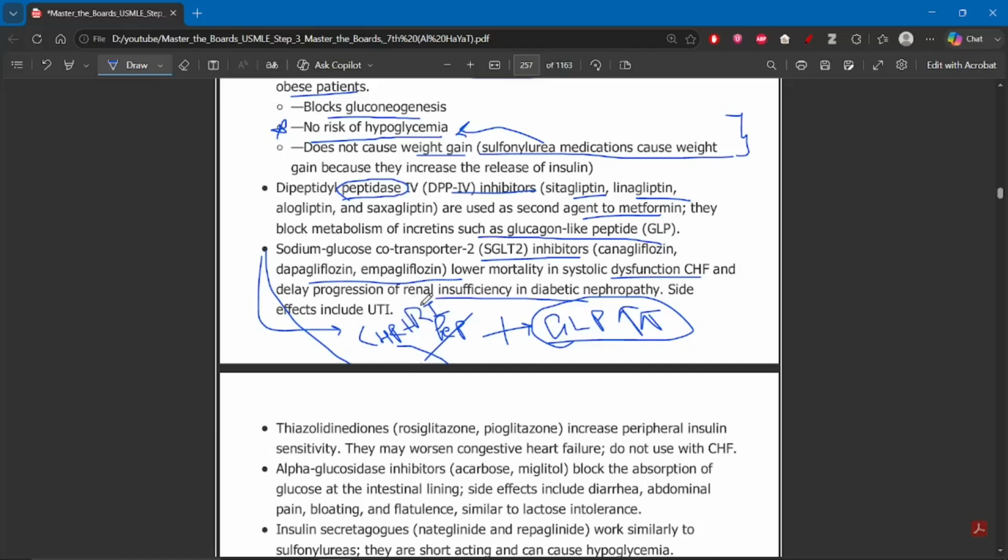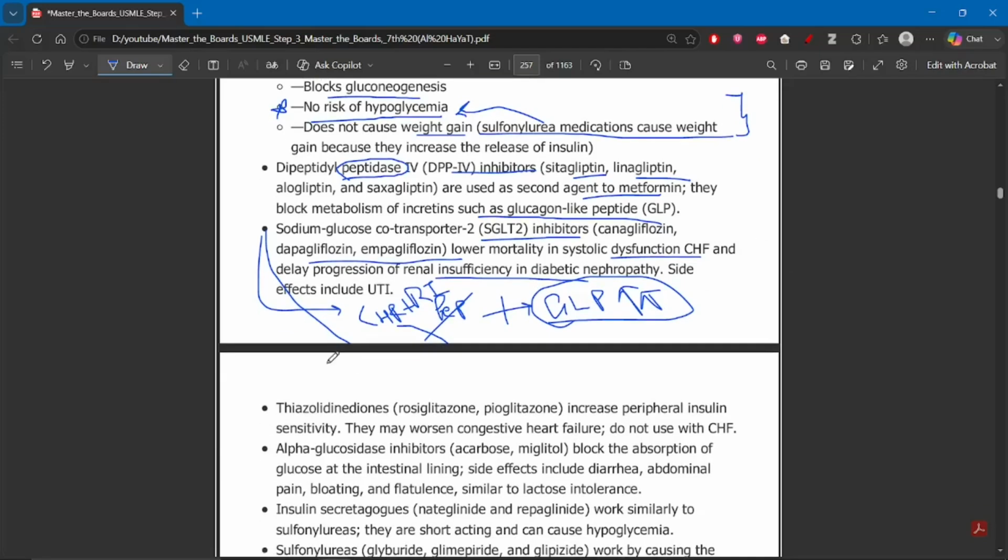According to the current guidelines, SGLT2 inhibitors are given to patients who have indication of CHF or renal insufficiency. Side effects include UTIs. So this is important.